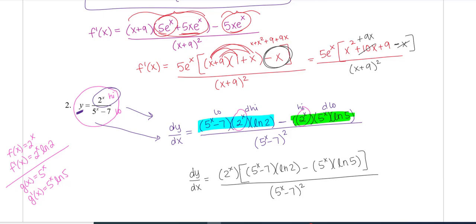I also don't want you to get in bad habits because some people see these first two factors here of this 5 to the x minus 7 and think, oh good, I can reduce that. They divide to 1, but they do not because that is a cross subtraction. So if I could have simplified that, I would have just simplified it in my quotient rule formula, and there would be no need to have both.